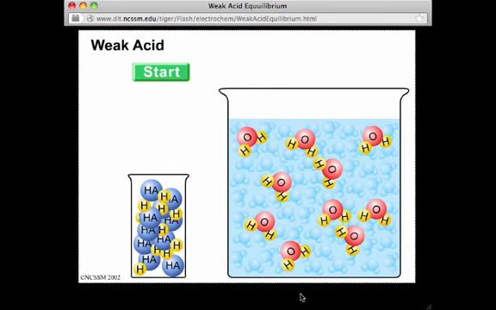And here we have an example of what happens when a weak acid is put into water. So in the little beaker we have a weak acid, and it's any weak acid because it's HA. And then the big beaker, again, we have water.